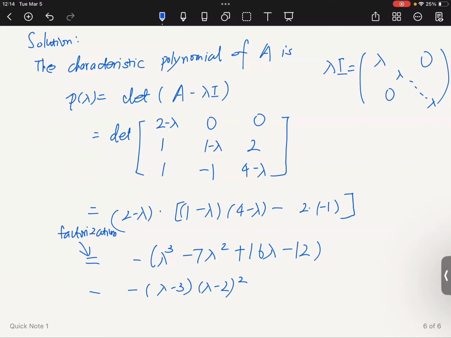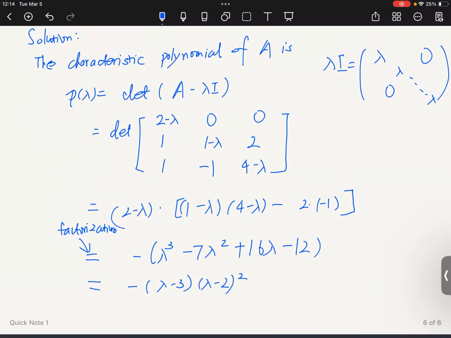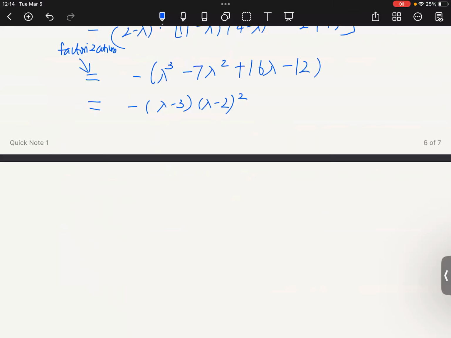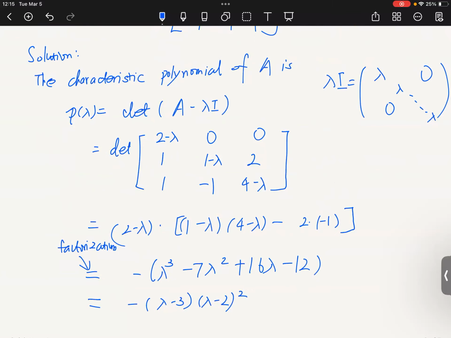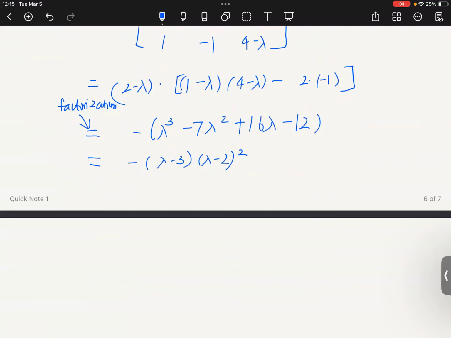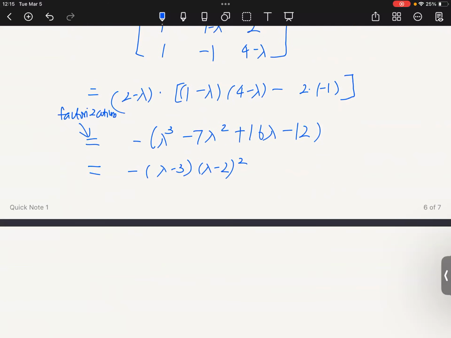But here, after some factorizations, it's very obvious. So now what we are going to do, we get the characteristic polynomial, right? And then we want to get the zeros of the characteristic polynomial, and those are the definition of the eigenvalues.